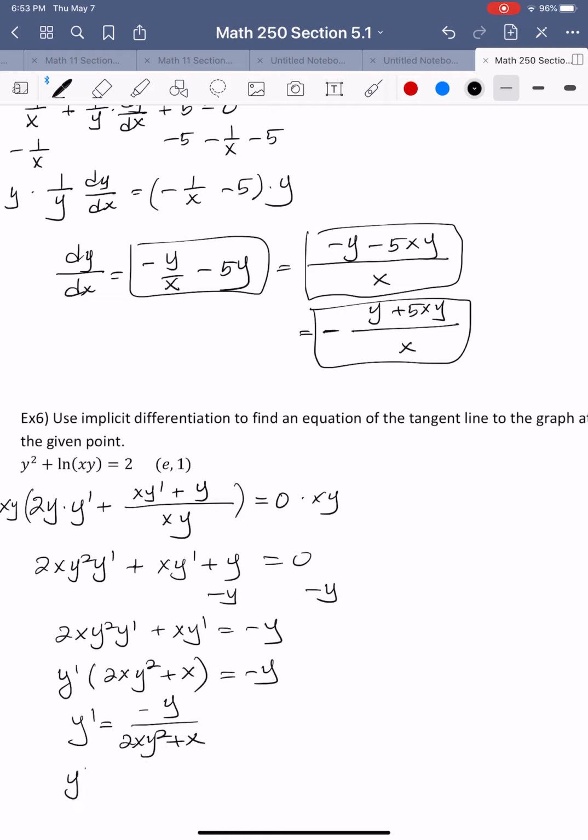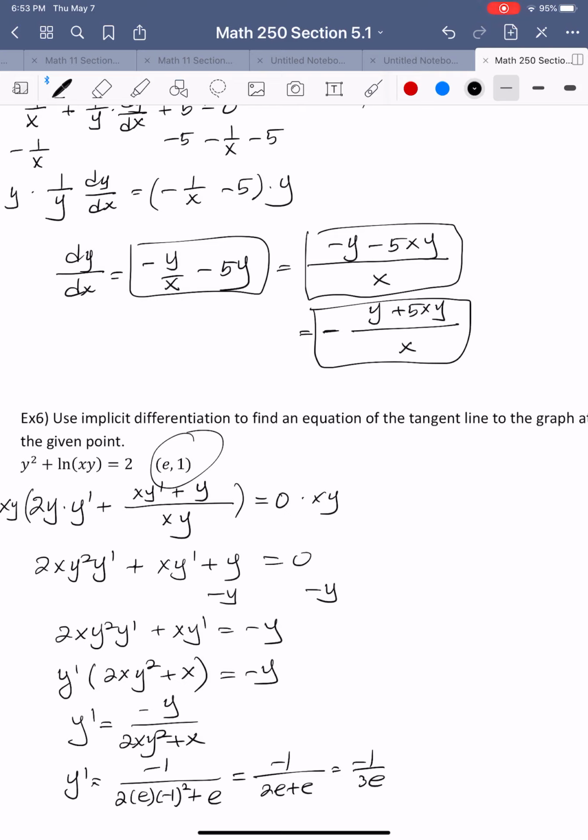And then plug in the ordered pair (e, 1). Then you get negative 1 over 2 times e times 1 squared plus e, which is negative 1 over 2e plus e, which is negative 1 over 3e. That's the slope, right?